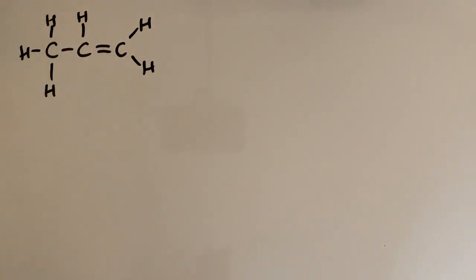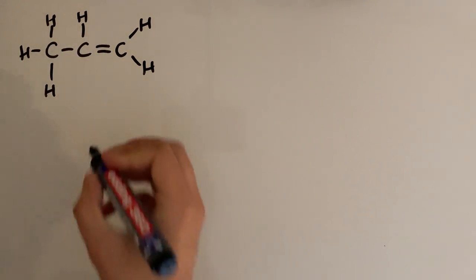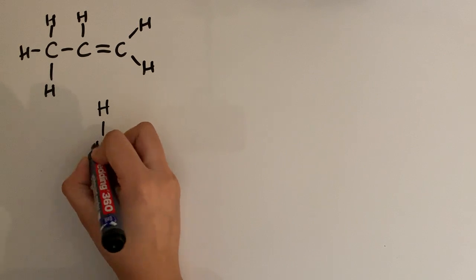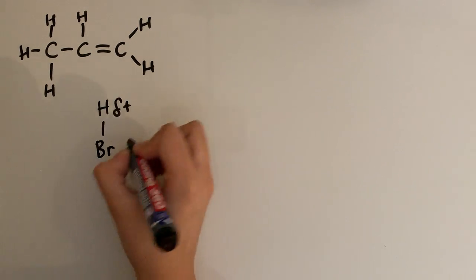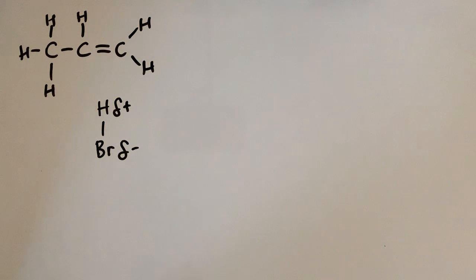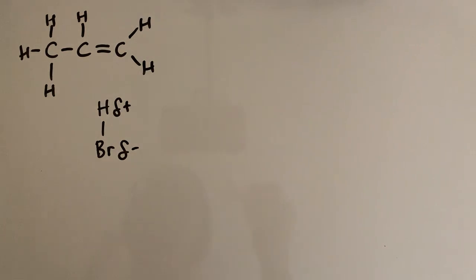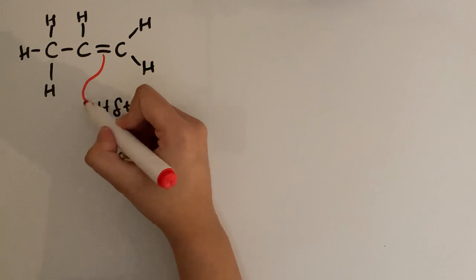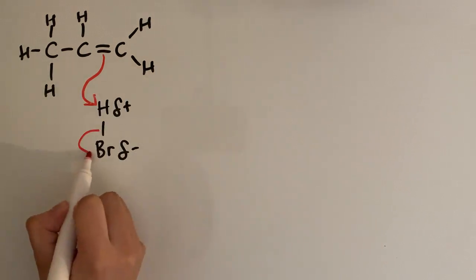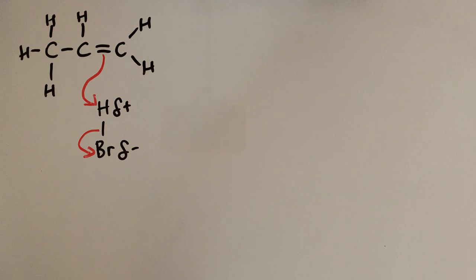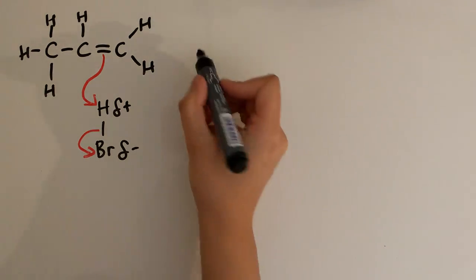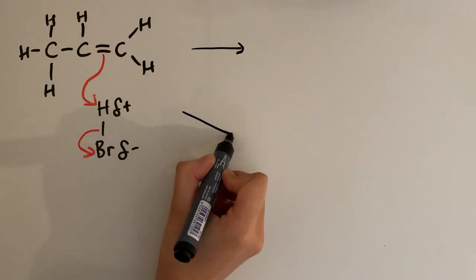Again, I'm going to draw my hydrogen bromide, just with hydrogen bromide again. It's got a permanent dipole going across that, and a curly arrow from the double bond to hydrogen delta positive, and then the HBr bond breaking like that. Now you have two choices of what can happen.